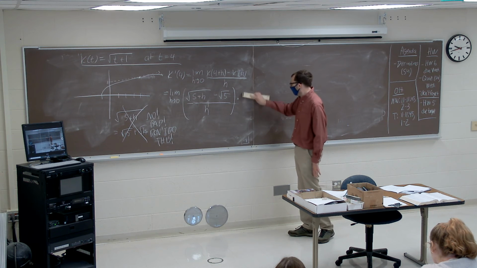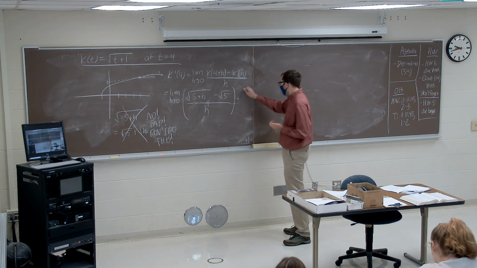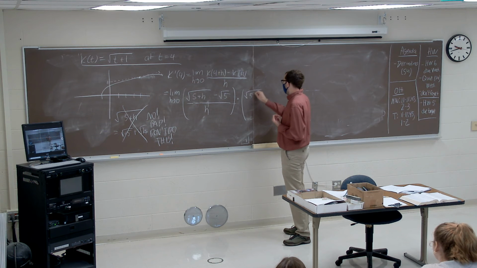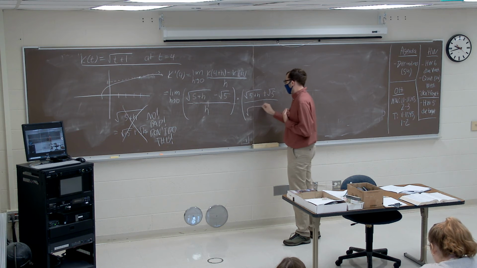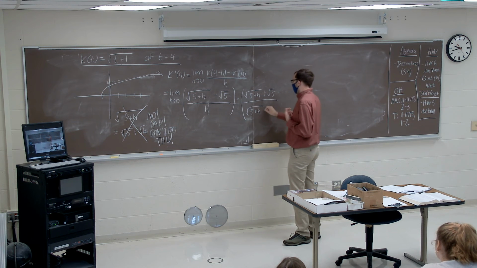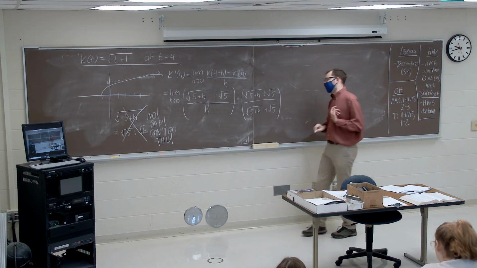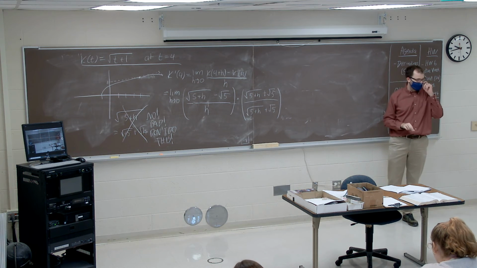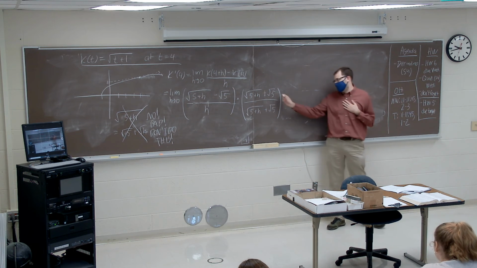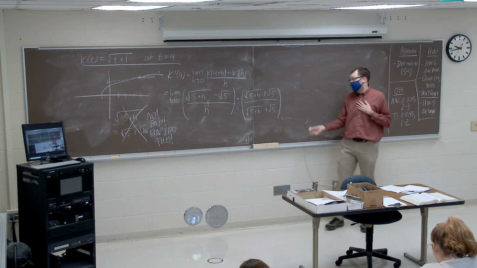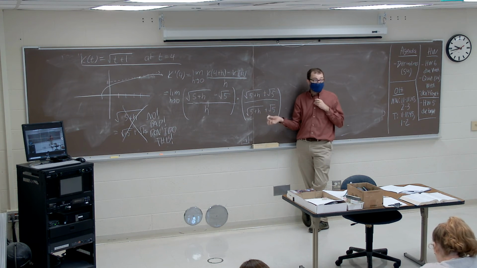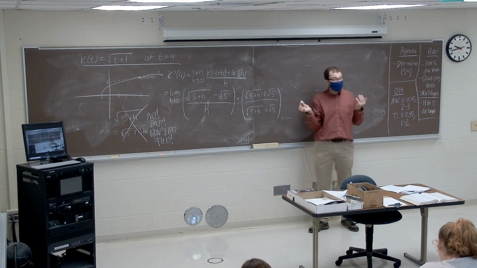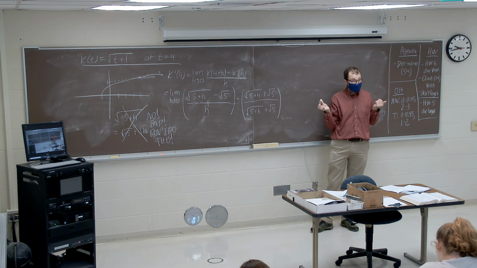Because the 1 I'm going to multiply it by is going to be square root of 5 plus h plus square root of 5 divided by square root of 5 plus h plus square root of 5. After all, that just should come out to 1, right? Because the numerator and denominator are the same, everything cancels out, so it just comes out to multiplying by 1.